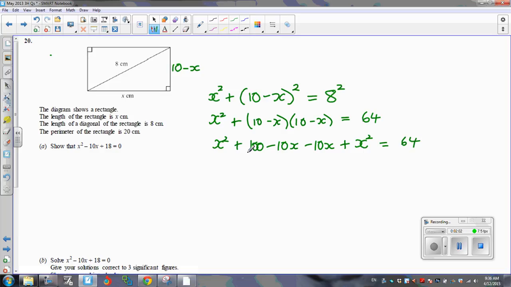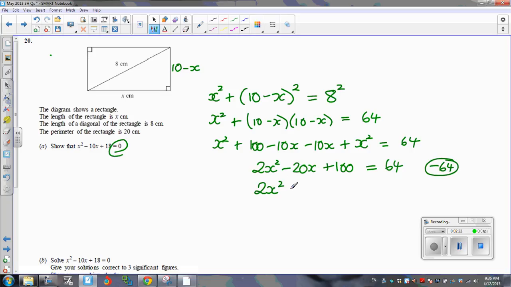Okay, if we simplify the left-hand side now, I've got x squared plus x squared. Well, that's 2x squared. Minus 10x minus 10x, well, that's minus 20x. Plus 100 is equal to 64. And to make a quadratic equation, I need the right-hand side to be 0. So I'm going to subtract this 64 from both sides.